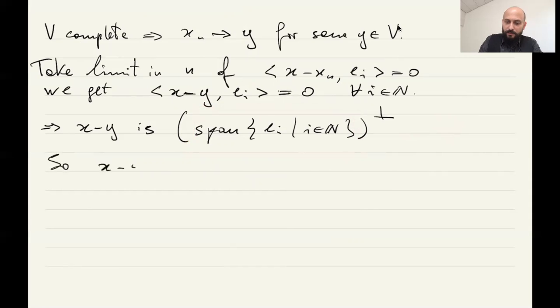So x minus y is in V orthogonal, which contains only the element 0. So we proved that x minus y is equal to 0, that x is equal to y, and therefore x_n converges to x, as we wanted to prove.